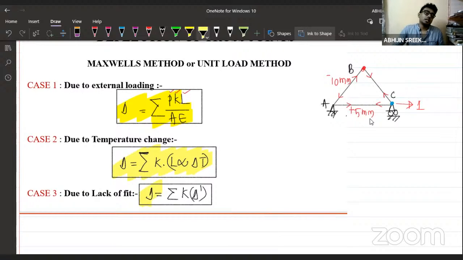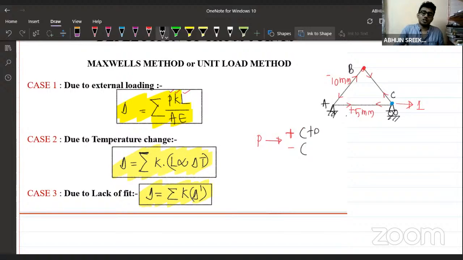Now coming to Kasturi's doubt, what are the sign conventions? Very good. For the external loading condition, the P value will be taken as positive, and sometimes we have to consider it as negative as well. Yes.